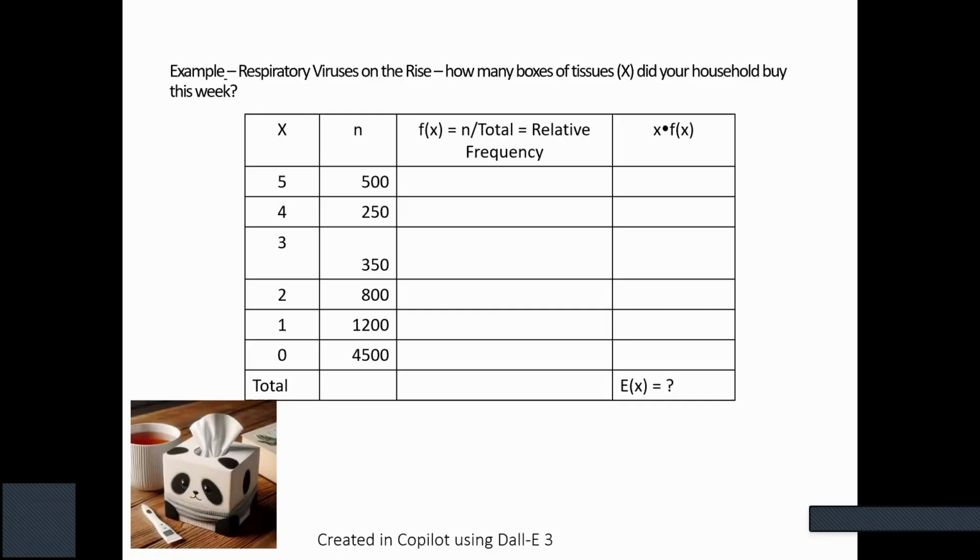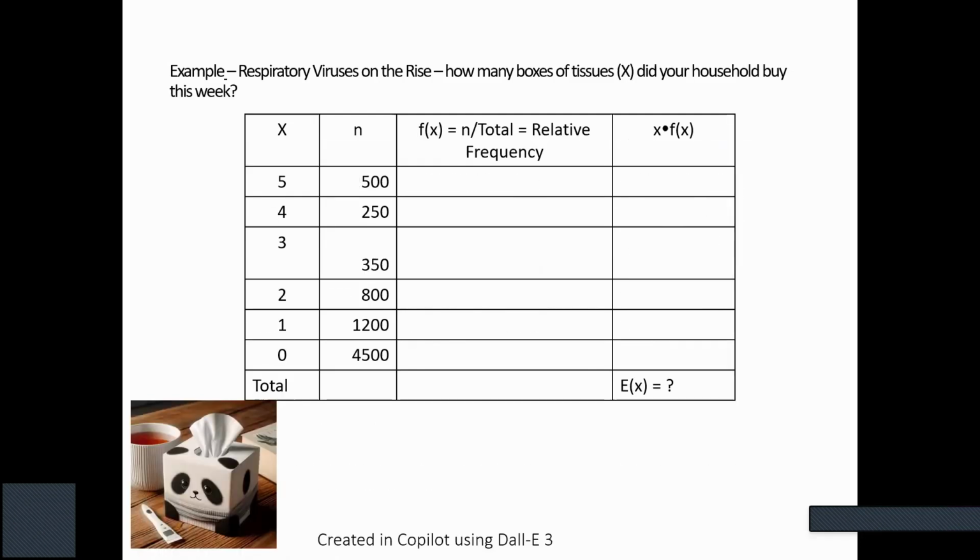Let's do an example. A respiratory virus is on the rise. How many boxes of tissues did your household buy this week? The maximum number we got was 5, and the minimum number we got was 0. First we would need to know what the total is here.